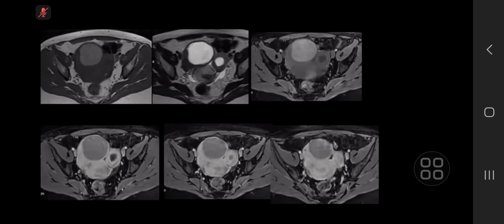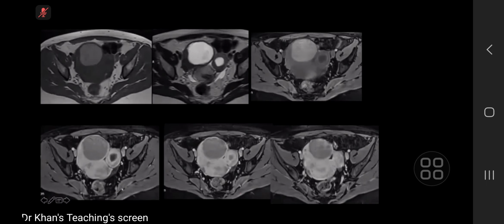So the findings will be in keeping most likely with a blood product. Having a look at the dynamic sequences, I can't see any enhancement of these lesions. So in summary, this would probably be in keeping with hematosalpinx or some sort of blood product.